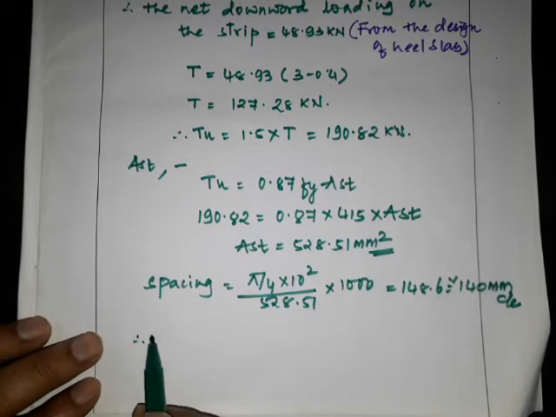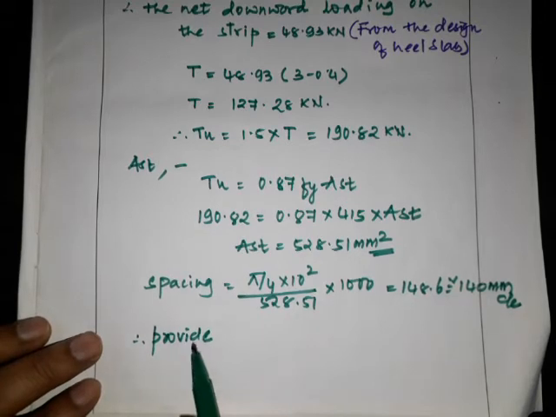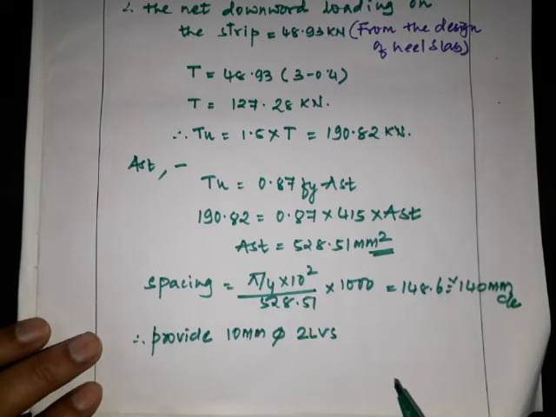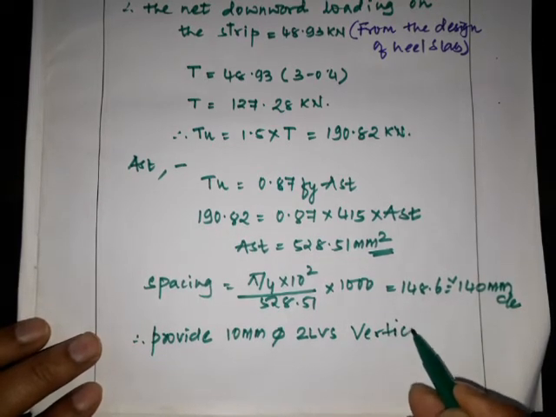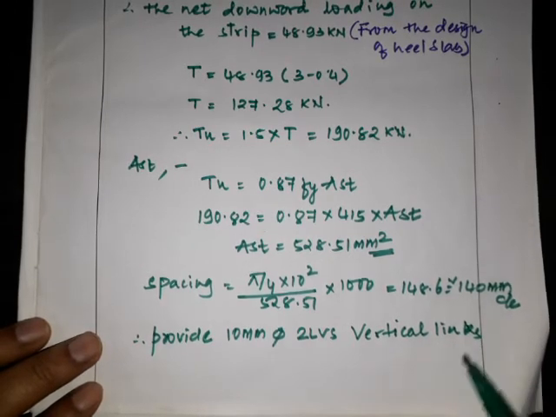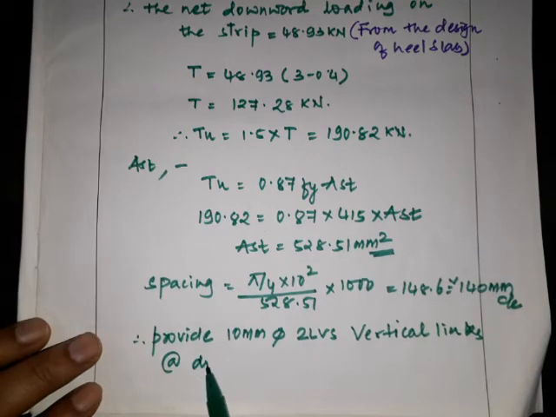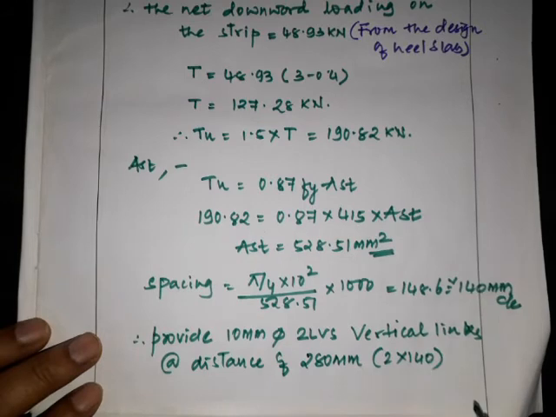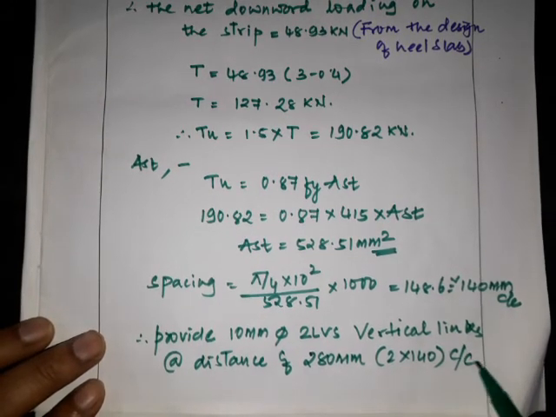So therefore provide 10 mm dia 2 LVS vertical links at a distance of 280 mm, that is 2 times 140, center to center.